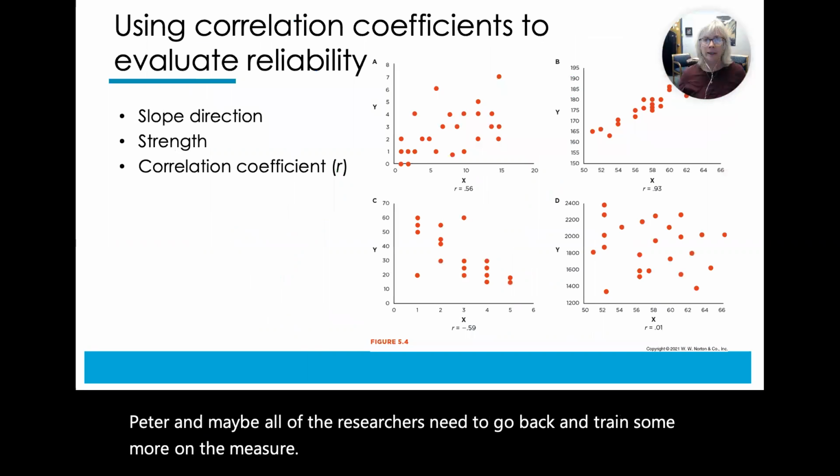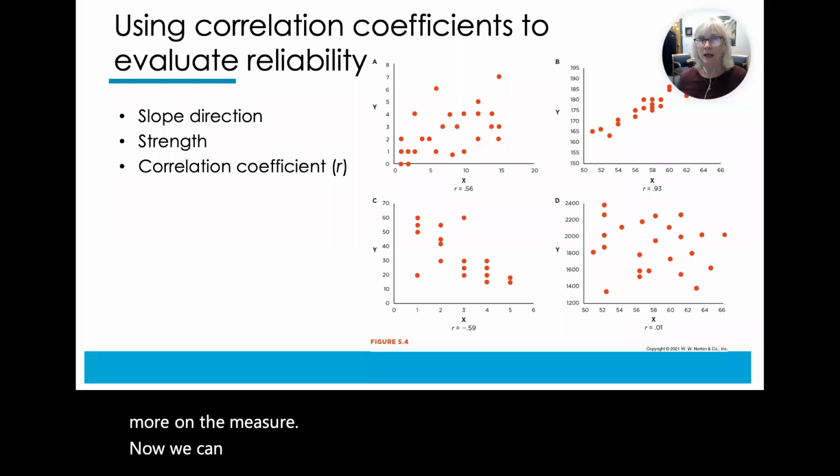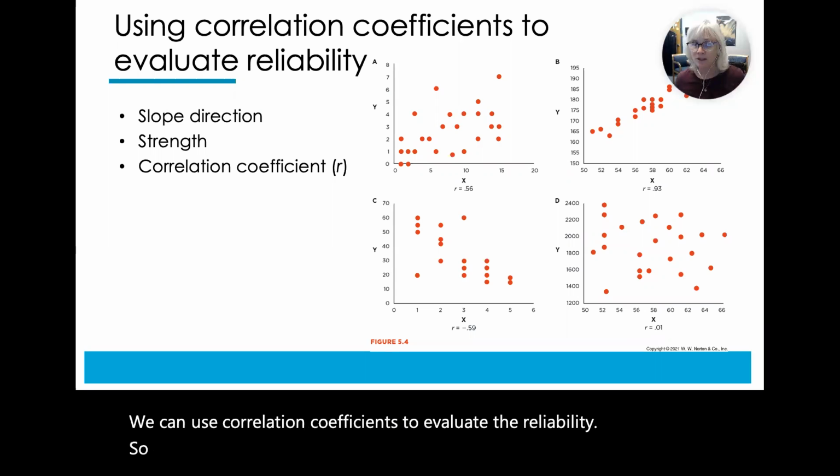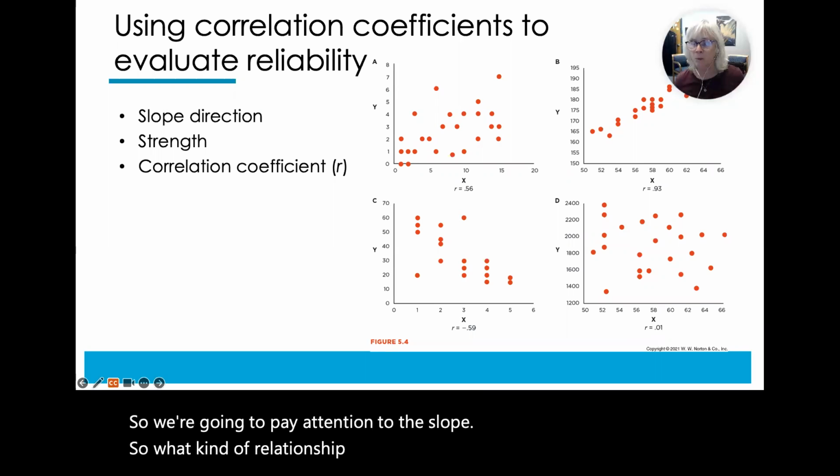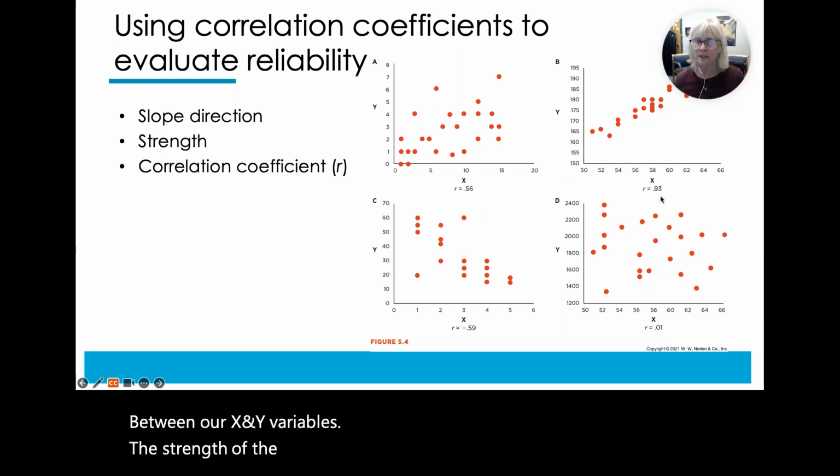Now we can use correlation coefficients to evaluate the reliability. So we're going to pay attention to the slope. What kind of relationship is there between our X and Y variables? And the strength of the correlation coefficient, which is down here below the figures.